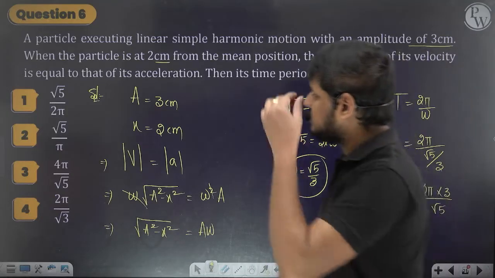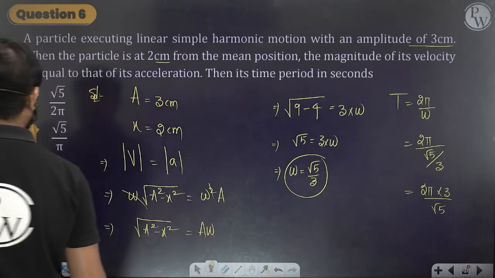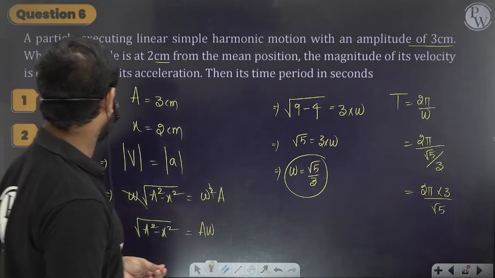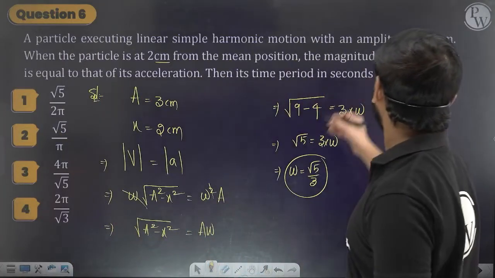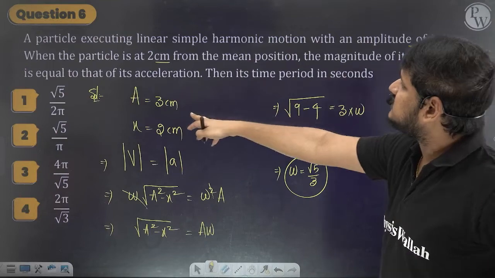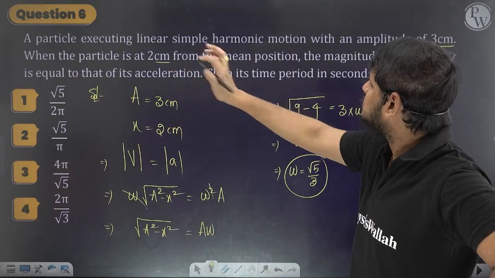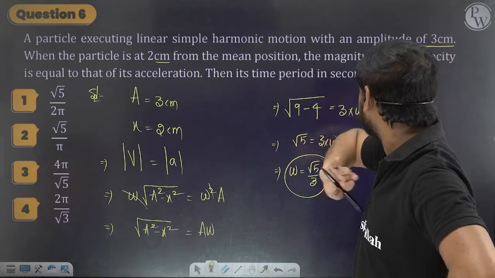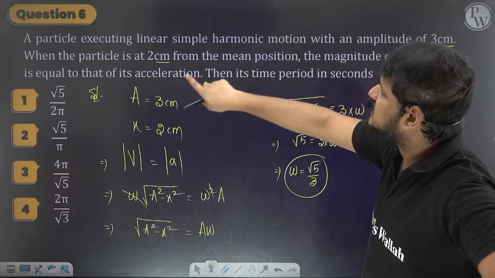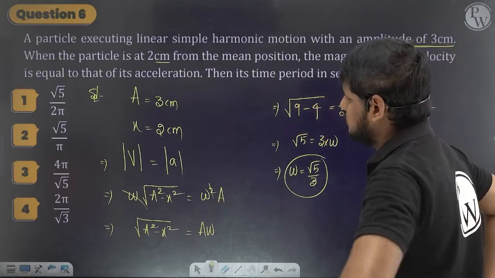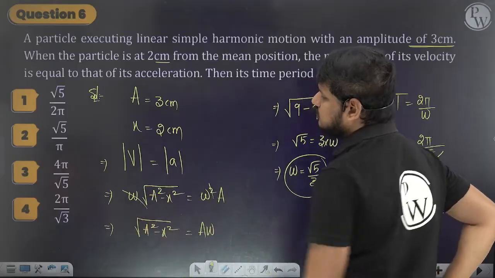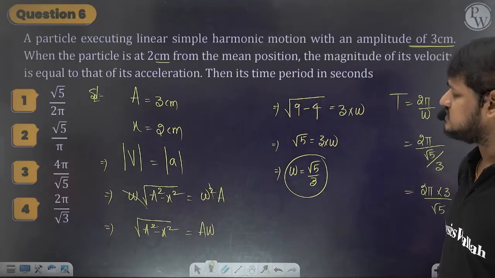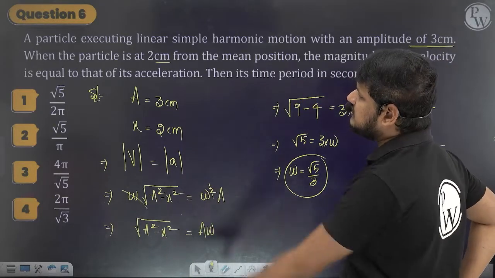Any calculation mistake we did? So its amplitude is 3 centimeters. When the particle is at x equals 2 centimeters from the mean position, the magnitude of its velocity equals that of the acceleration. So the magnitude of the velocity will be omega into square root of a square minus x square, fine, which is equal to the acceleration.